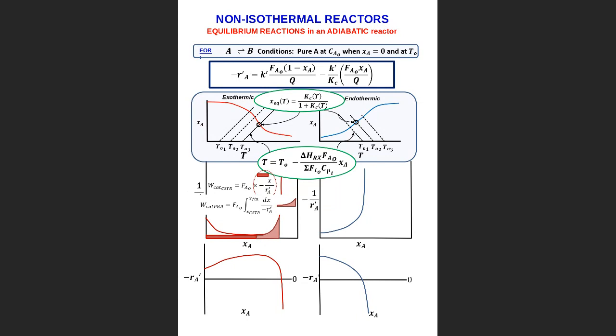Ideally, if you've done your job well and you want to size an adiabatic reactor, there's a maximum possible conversion that can be achieved in any size or flow rate CSTR reactor. If you size your reactor properly, that intersection of your adiabatic line will coincide with that maximum possible conversion that can be achieved in that reactor.